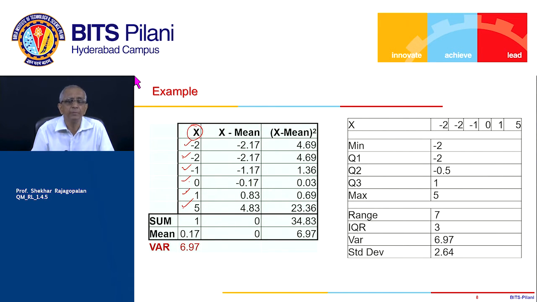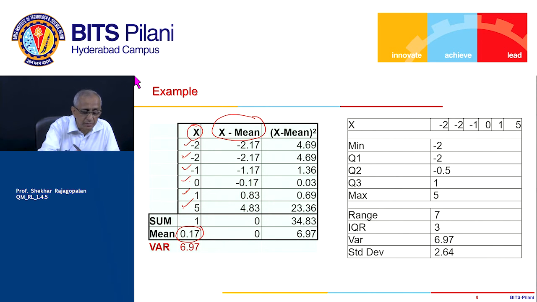To compute the variance, remember, I need to take the squared deviations from the sample mean. So I know that the mean is 0.17. If you remember, it was 1 divided by 6, right? So what I first do is, I look at X minus the mean.